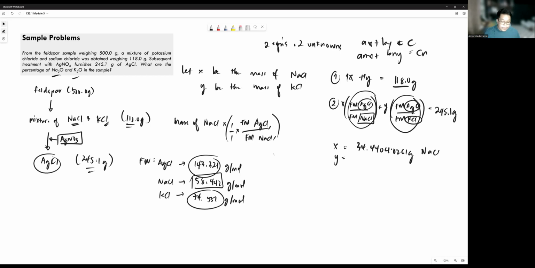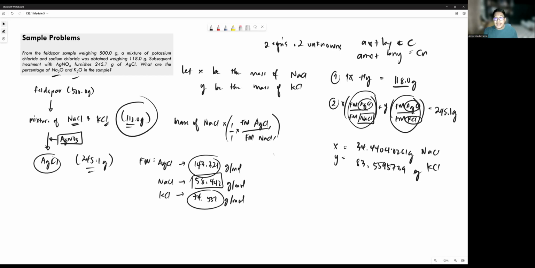And for KCl, we have 83.5595739 grams KCl. So to check, dapat yung sum nitong dalawang to ay equal to 118.0 grams. Okay? So now, the question here is, what are the percentage of sodium oxide and potassium oxide?